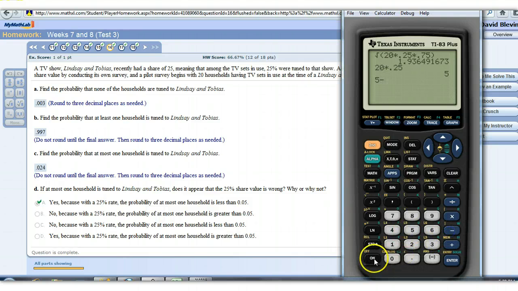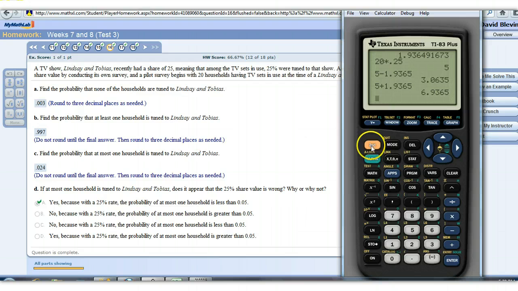If I subtract 1.9365 from 5 and I add the standard deviation, if we take a bunch of different samples of size 20, we expect that 68% of those samples would have between 3 and close to 7 households watching that show. You gotta remember 68%, that's if this is bell shaped.